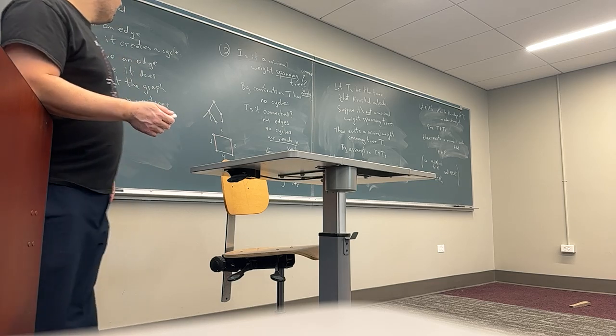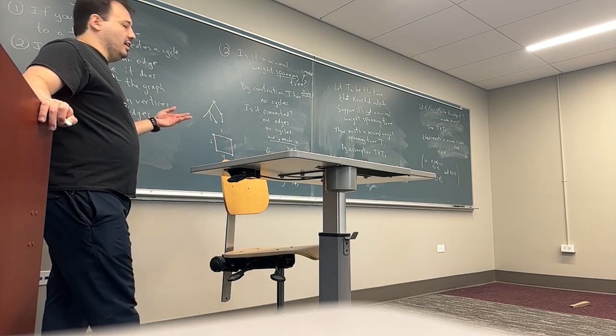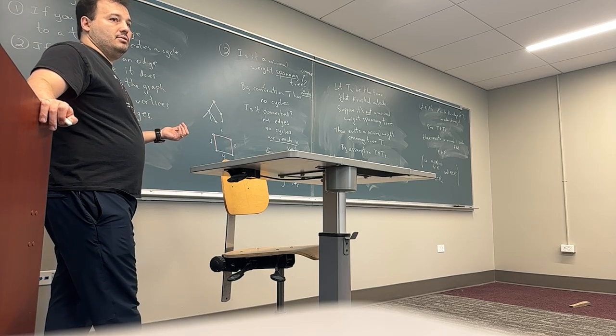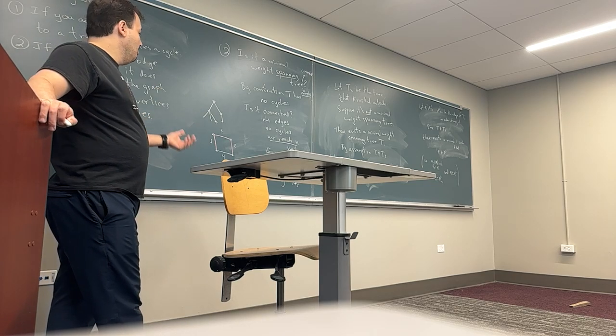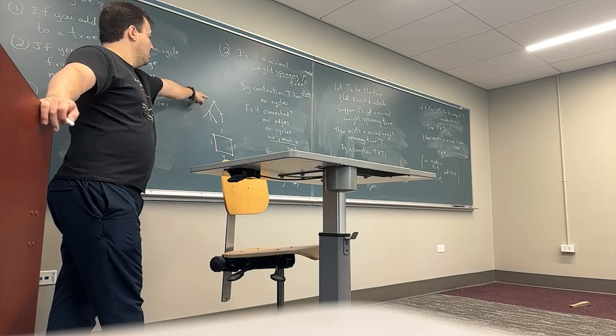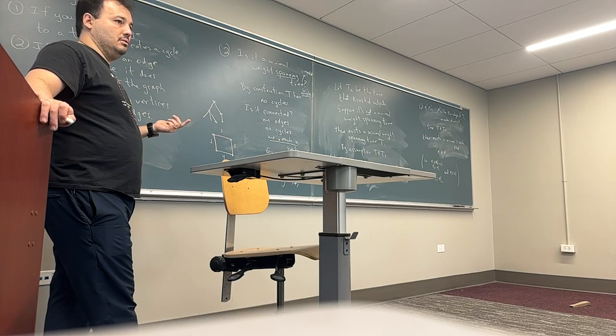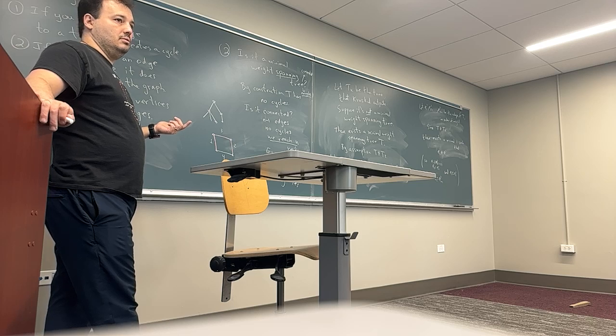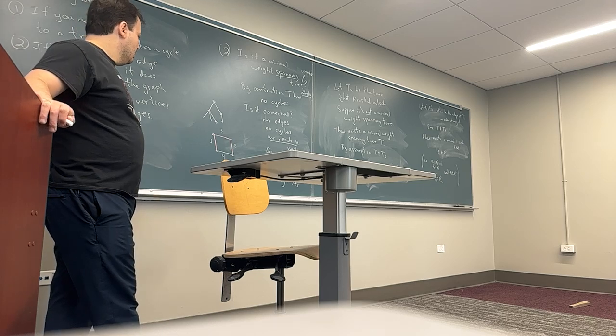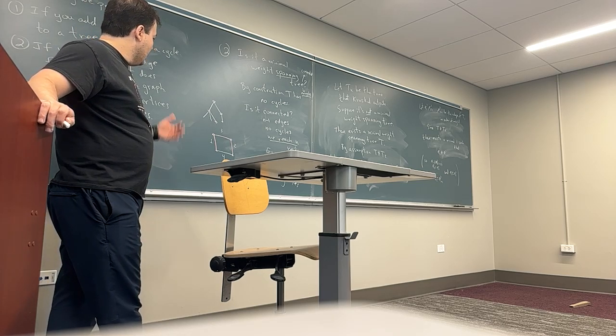So there's sort of an edge for every vertex, except for the first one, because you would be double counting. So there's n minus 1.